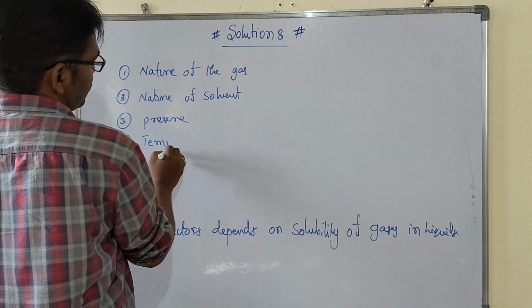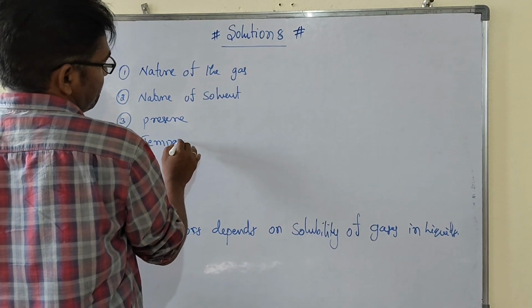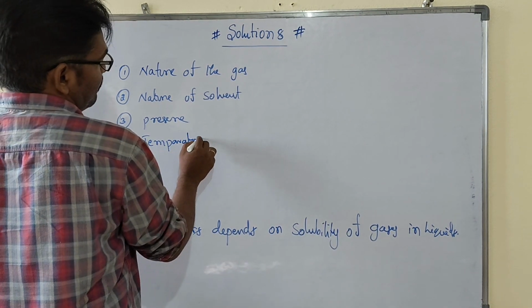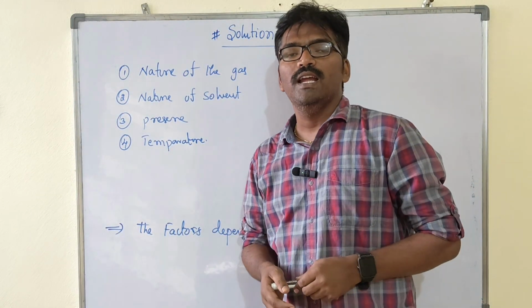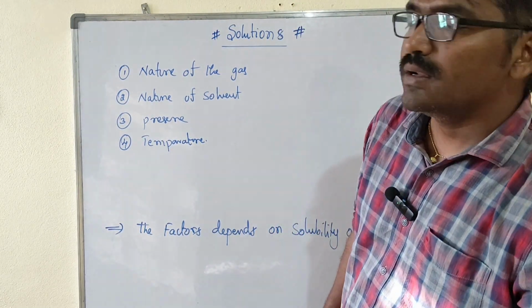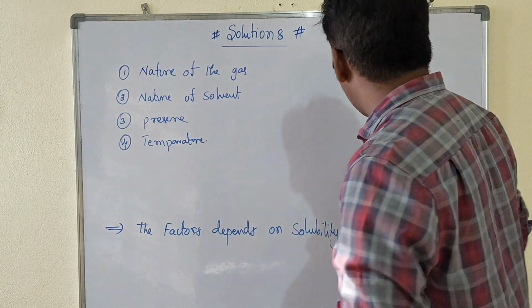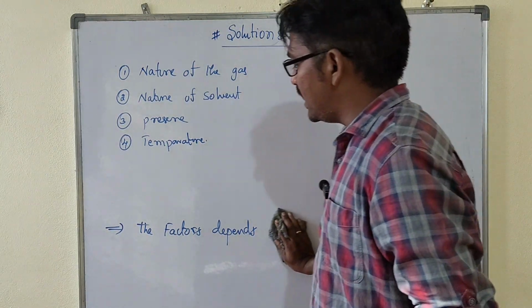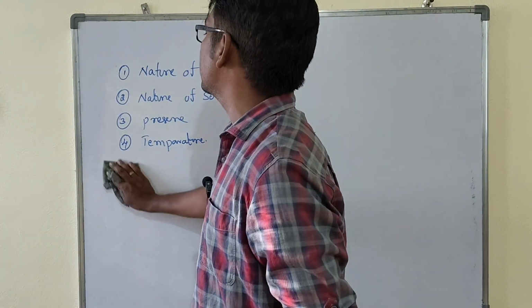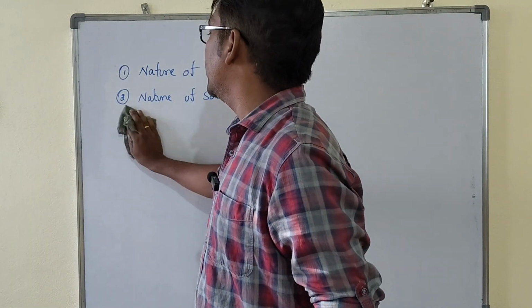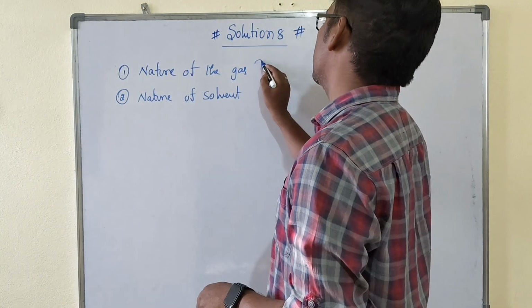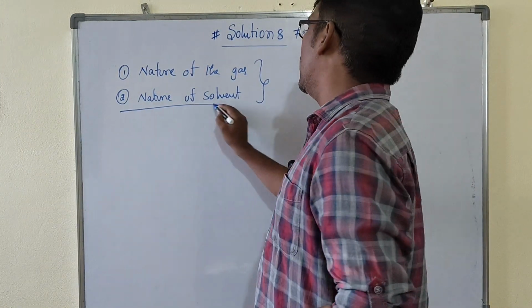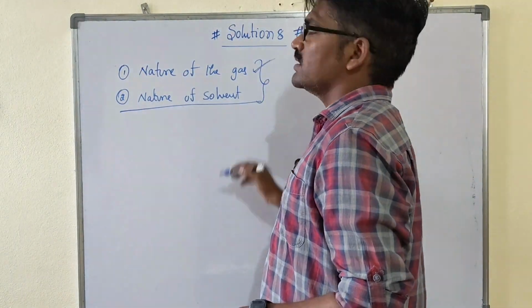These are the factors affecting it. So first we have to discuss the nature of the gas and nature of the solvent. These 2 factors, how it depends. So generally we first discuss the nature of the gases.